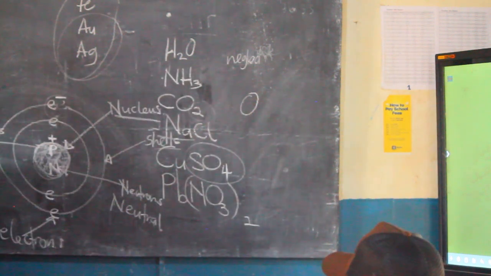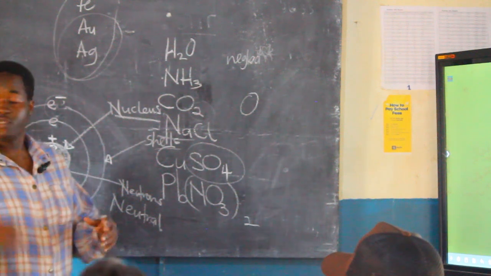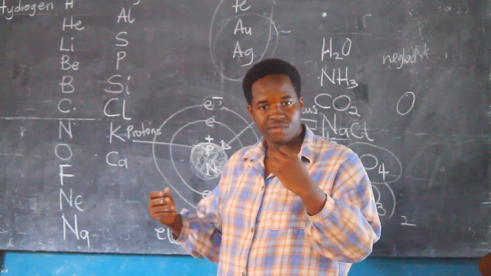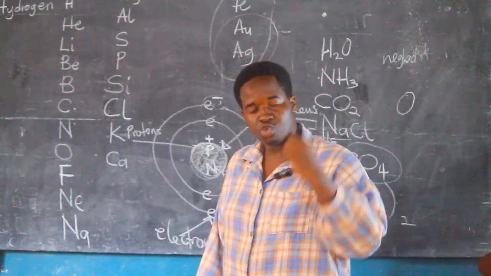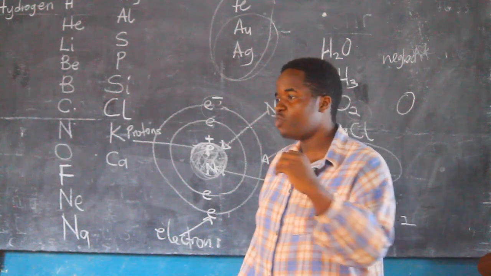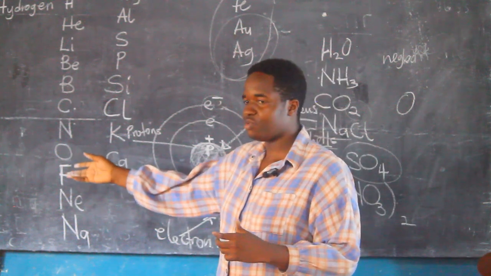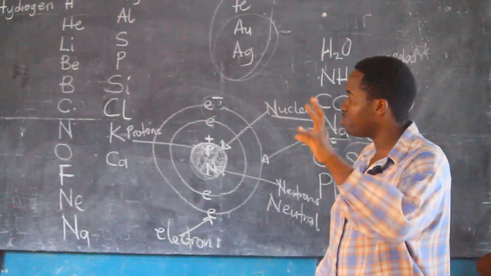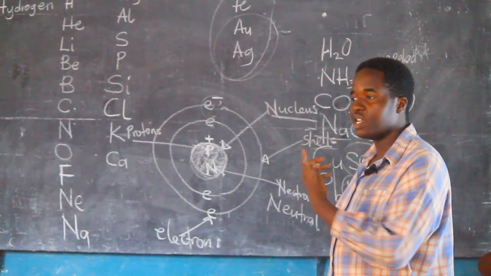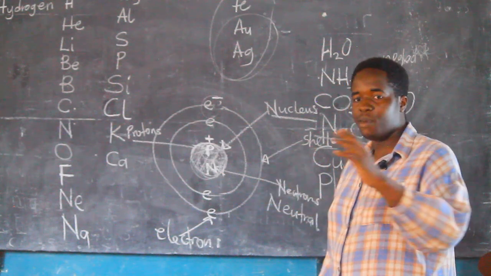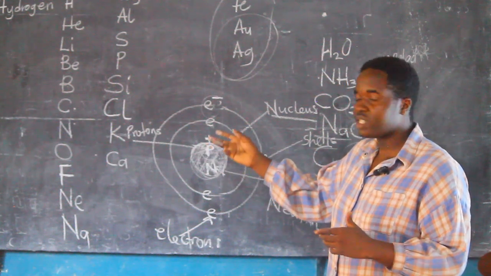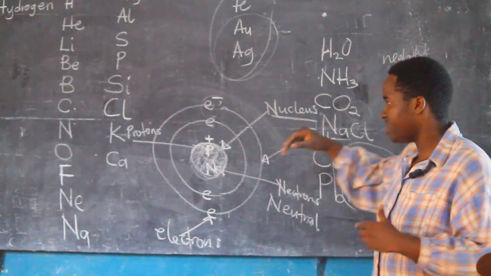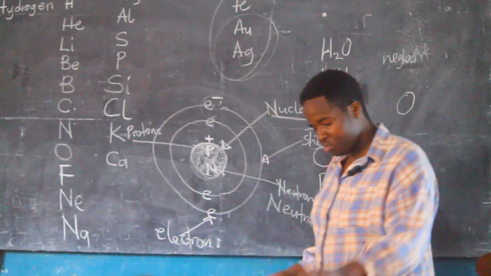They have a mass, but it's very small. Like even light also has a mass. But the mass of photons is too small to the extent we don't have a scale that we can use. So we take it to be too small. We don't have a scale in the lab that can measure it. So for electrons, we just say we take it to be 0.